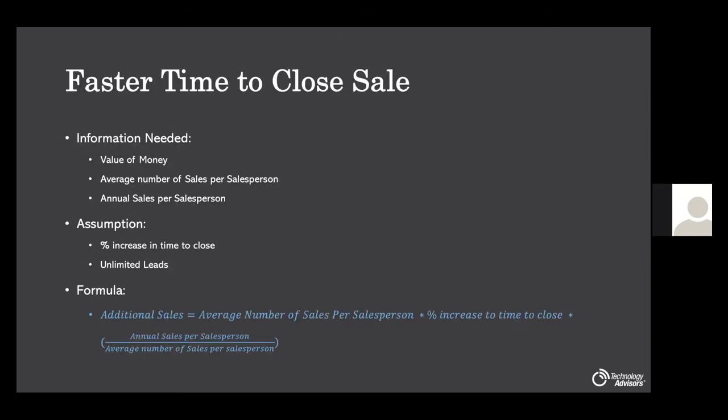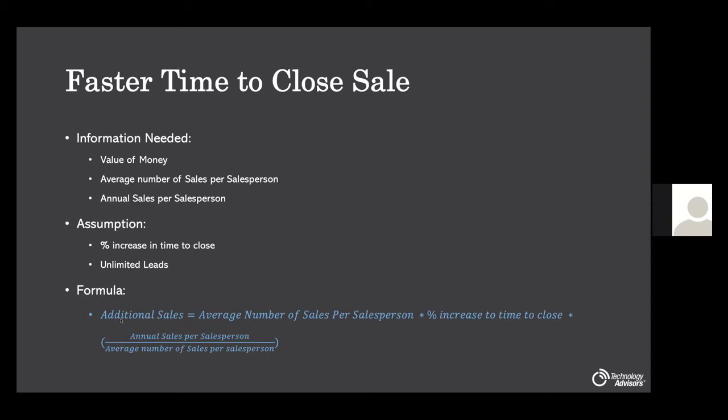So this one here is if I close an opportunity faster. Again, the assumption is that if I have this information and I have a small increase, let's say I'm taking the time 10% faster, the salesperson has unlimited leads, and so when they're closing things faster because of automation, they'll also have another lead to follow up on.